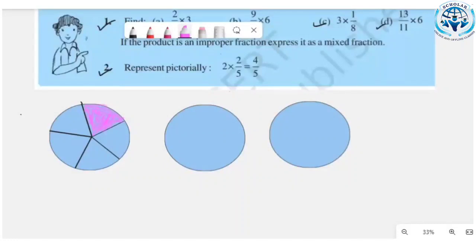Now shade 2 parts. Now 3 parts are unshaded, 2 parts are shaded.